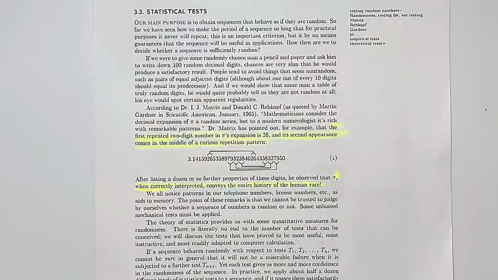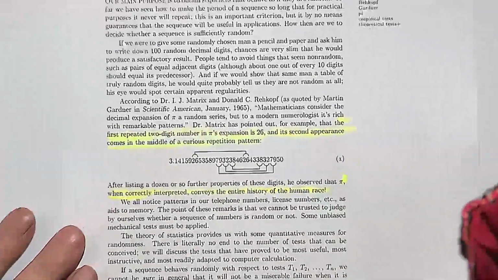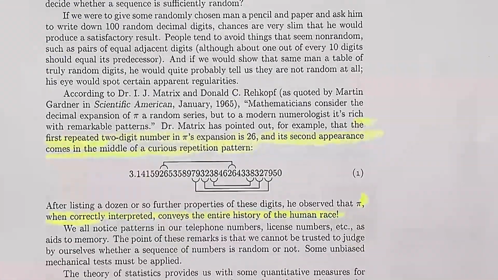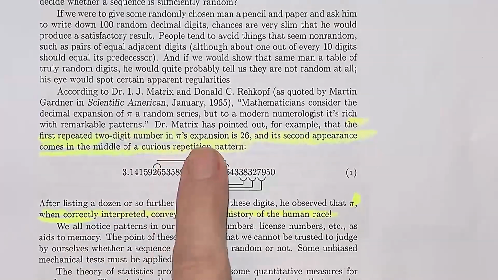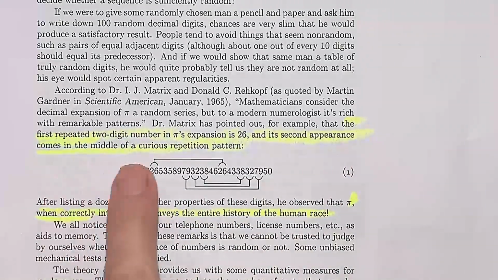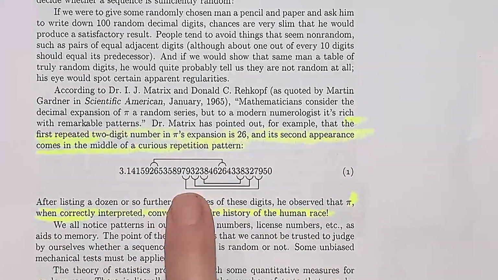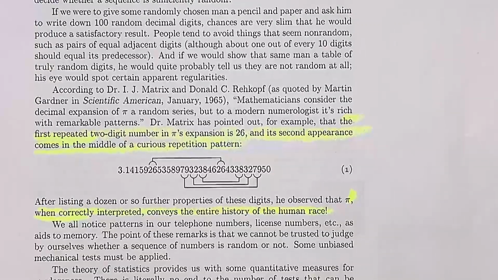Well, I love this, and so I put it in The Art of Computer Programming in Volume 2. Dr. Matrix has pointed out, for example, that the first repeated 2-digit number in the expansion of pi is 26. And its second appearance comes in the middle of a curious repetition pattern. There's 79 nested inside 32, inside 38.